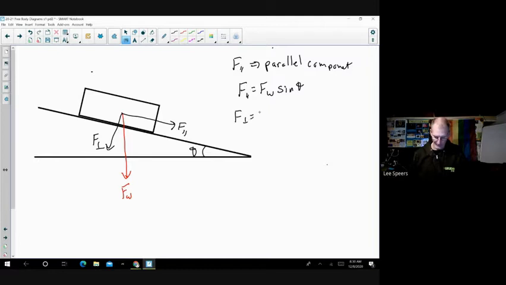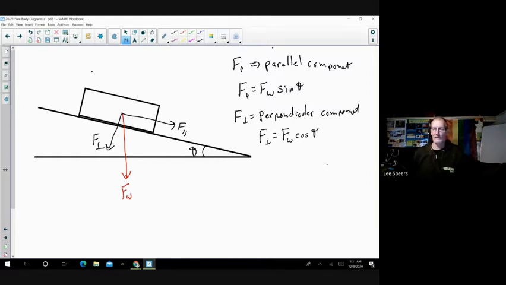The perpendicular force, the perpendicular component, is then found by taking the weight force and multiplying it by the cosine of the angle.